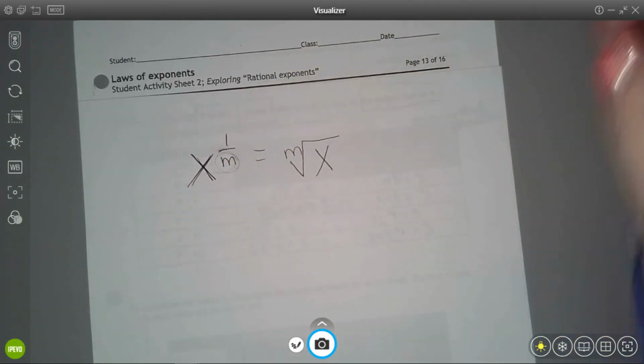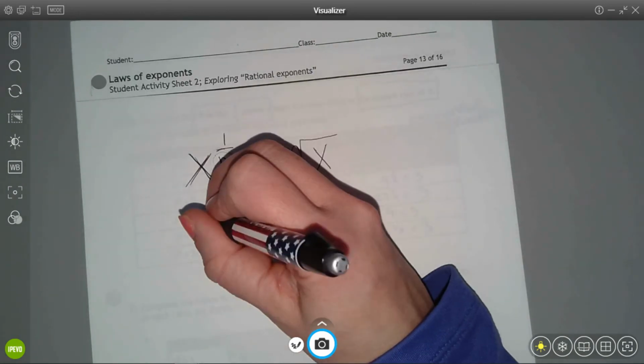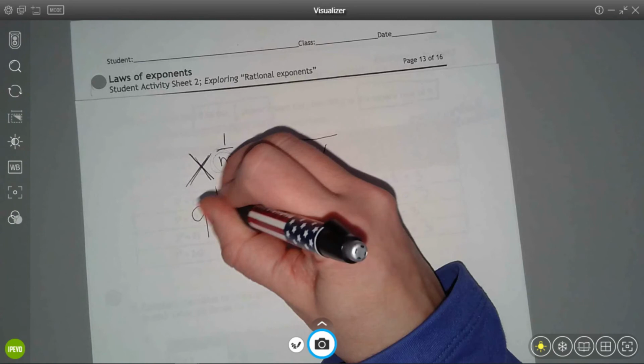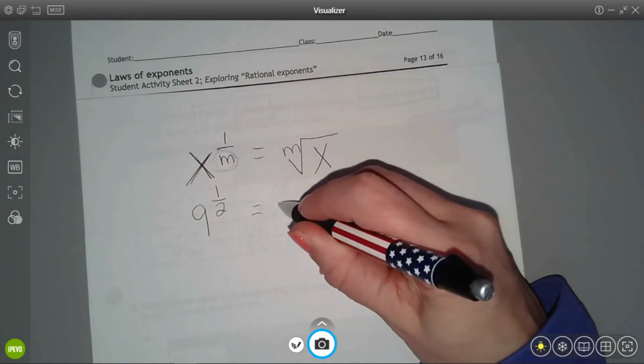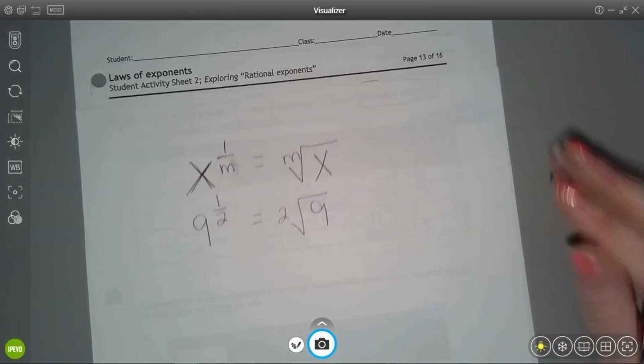Okay, so for example, 9 to the 1/2 power is the same as saying the square root of 9. Okay, we'll look at some more examples of this here.